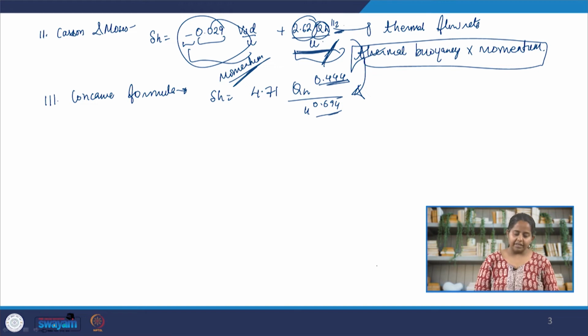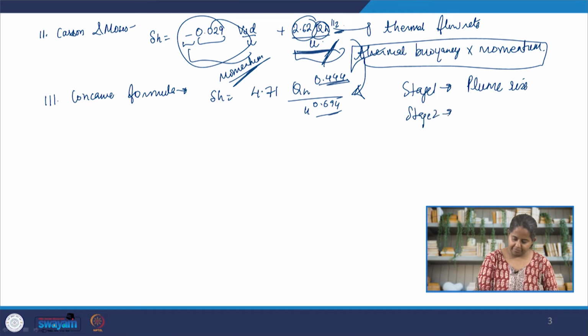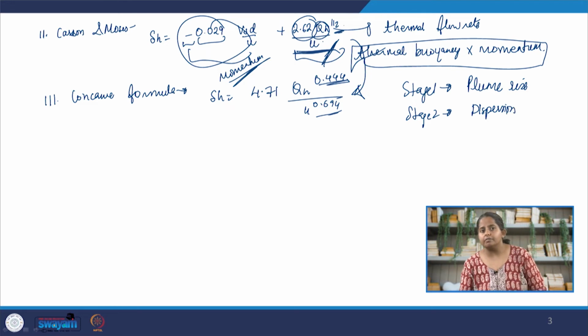Now, let us look at the second stage of the motion, the transportation of the smoke once it is emitted from the chimney. Just as a reminder, stage 1 was plume rise, and then stage 2 is the spread, dispersion. As I mentioned earlier, there are two reasons why the smoke will spread, or the technical term is dispersion.